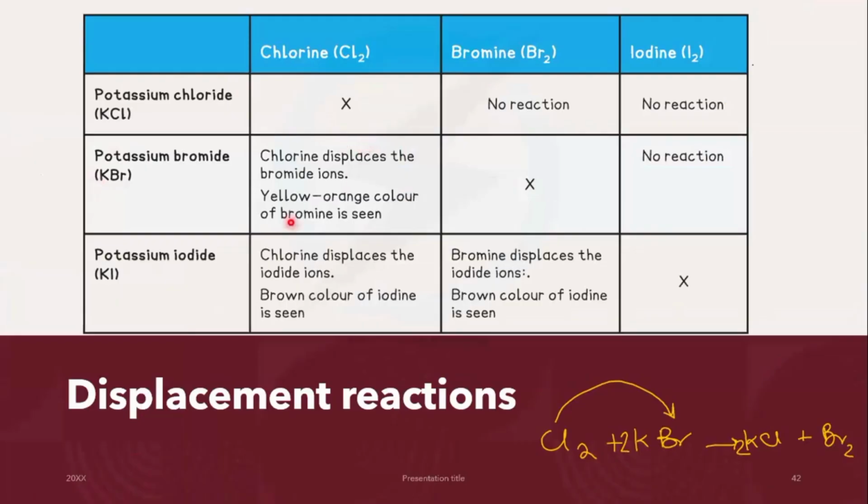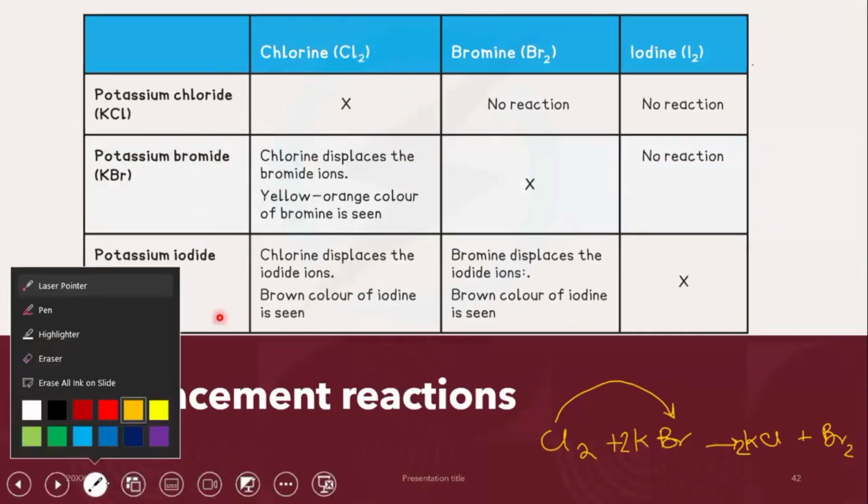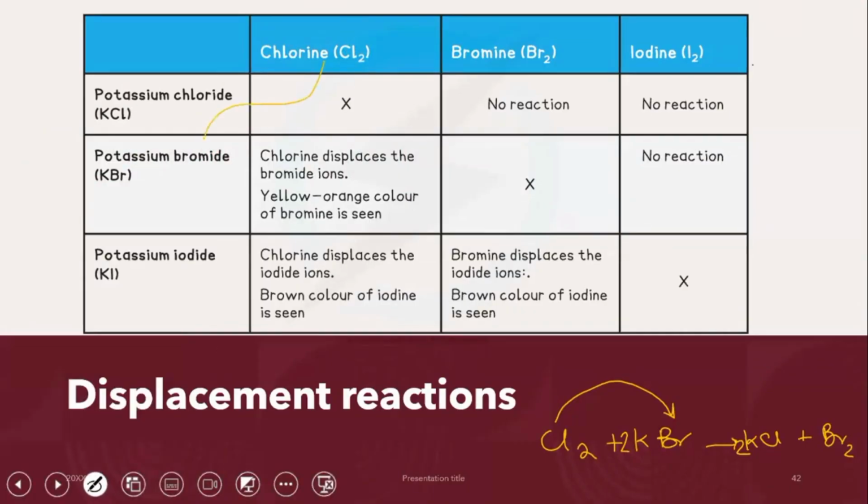The observations are important. So if I take potassium bromide and react it with chlorine, chlorine will displace bromine because chlorine is more reactive. The products are going to be potassium chloride and bromine. As a result, you will see that the color of the solution goes from colorless to yellow-orange because bromine is being produced.